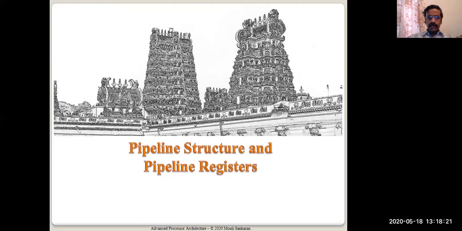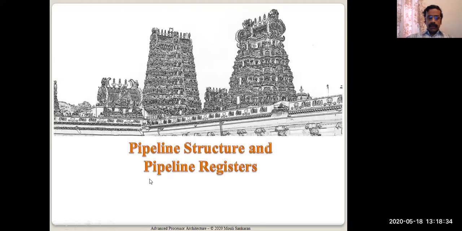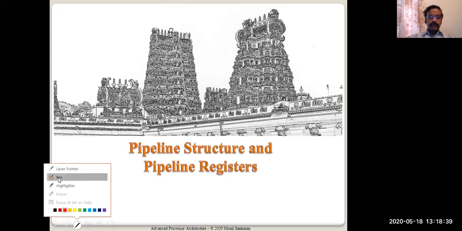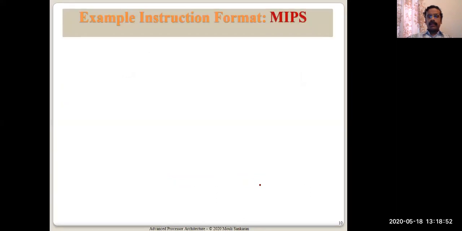So I'm going to spend some time on explaining how things happen so that any doubts that you have based on the discussion so far will get addressed. The important thing that we are going to talk about is pipeline registers, and then a little bit of high level pipeline structure. I'm not even going into the implementation fully because it will be very complex.